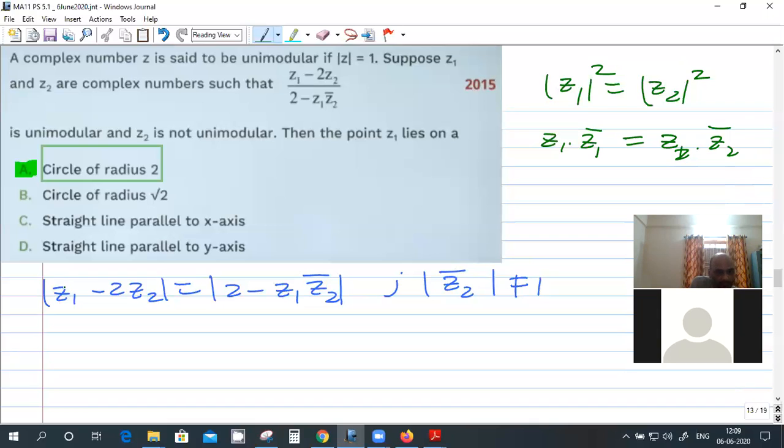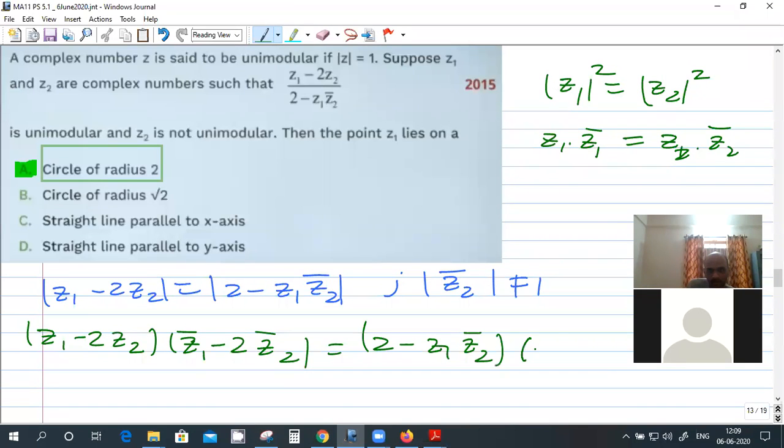So let me use that here. I'll get z1 minus 2z2 into the conjugate of it. You proceed with this method, you should get the answer equal to 2 minus z1 z2 bar into the conjugate of it.